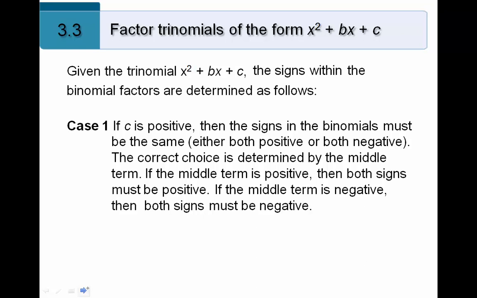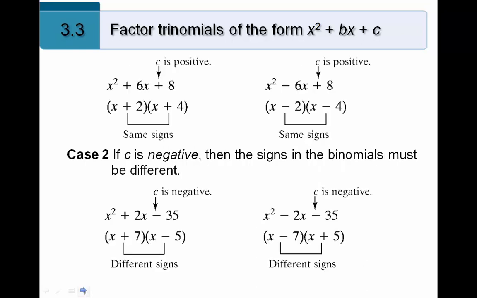Now, when we're factoring these trinomials, there's going to be two different cases. So if you look at the top of page 181, the two top scenarios show you case 1. And in both of these cases, notice we're factoring x squared plus 6x plus 8.